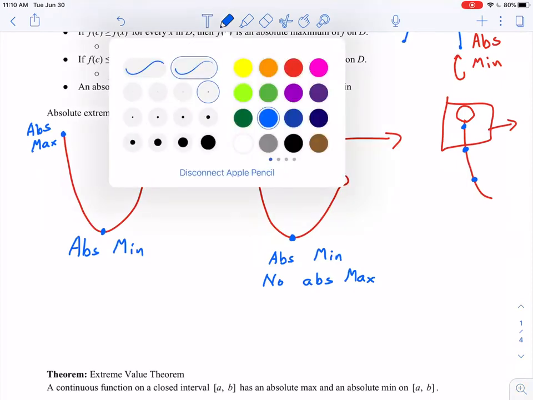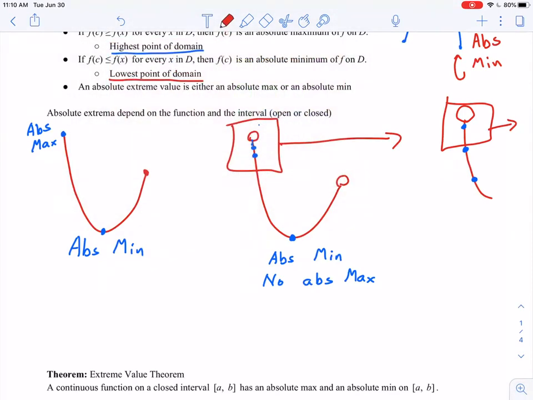Things get even worse if we work with functions that are perhaps not continuous. So if I drew something on that open interval, or actually here, let's do this. Let's live on a closed interval, so we'll contain the endpoints, but this time I'm going to have a hole, and I'm going to place the hole right there. So here, we're going to run into a lot of the same problems that we just did. We can say, okay, we have this point now.